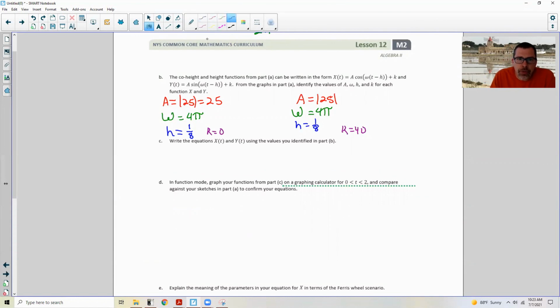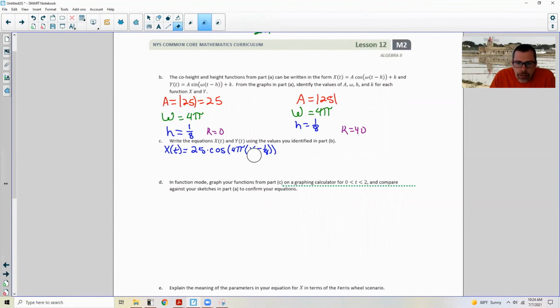So now let me do x of t first. x of t is going to equal our A times cosine of 4 pi, parentheses x minus h, plus k, which is plus 0. So there it is.